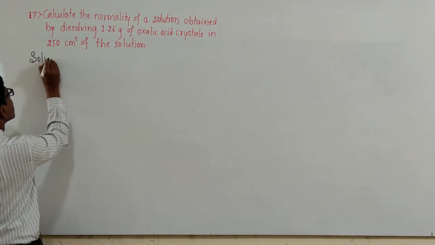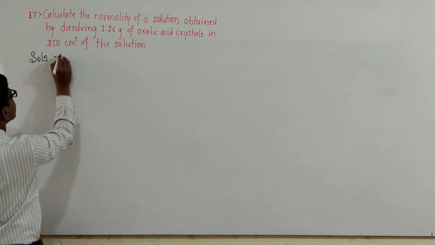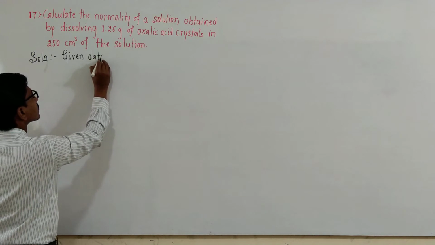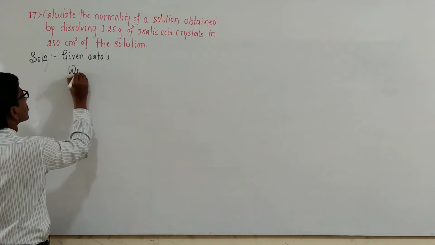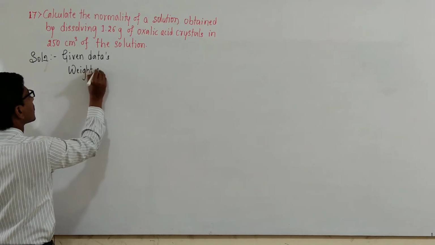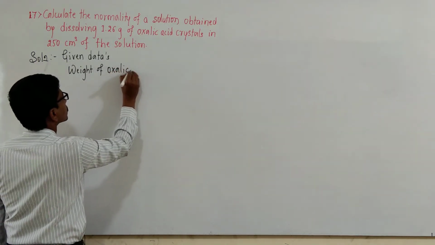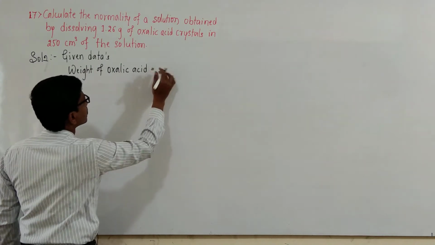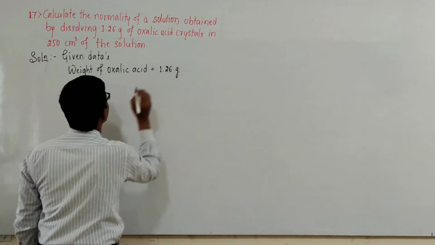The given data are: weight or mass of oxalic acid, that is 1.26 gram.